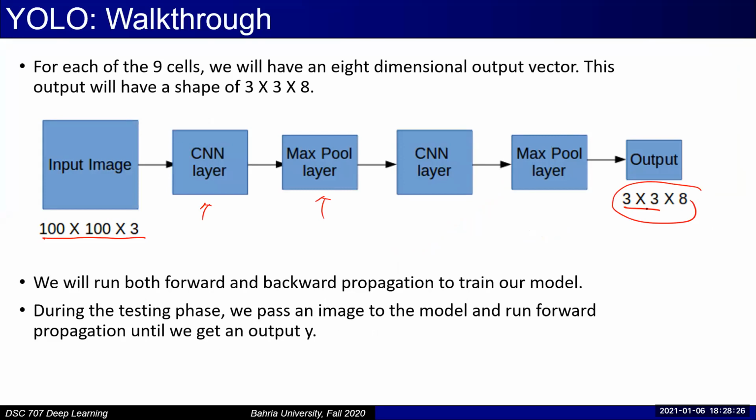So you have 9 cells, and for each cell you have 8 values, right? Why 8 values? Probability of object, then 4 values for the bounding box, and 3 for the classes. If instead of 3 classes you have 5 classes, then of course this number would be 10, not 8, right? It depends on how many classes you are using in this particular example. So this is, you can say, a general idea.